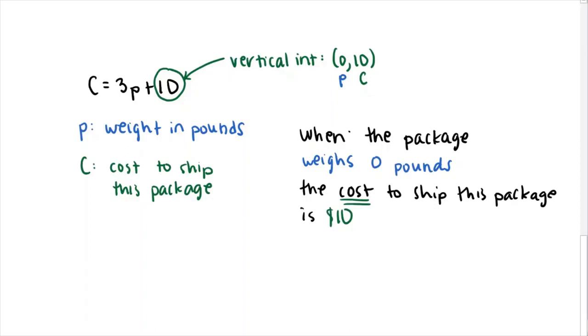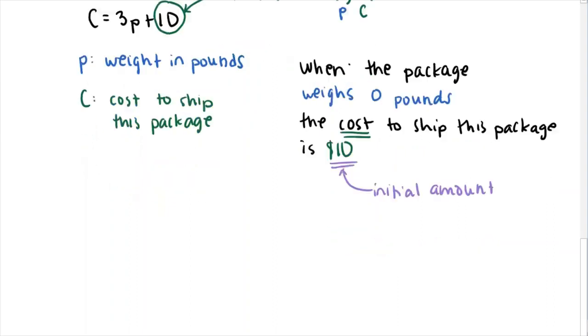Right, the cost to ship this package is $10. In this sense, it's like a starting fee, right? It takes $10 to ship essentially nothing, and any additional weight is going to add some more cost. But this $10 is a fixed amount that you're going to have to pay no matter what, an initial amount again.